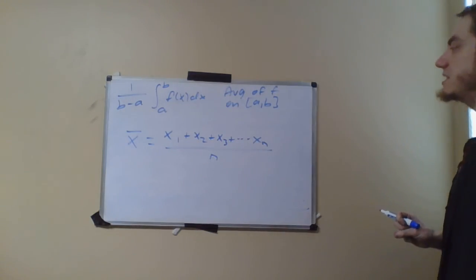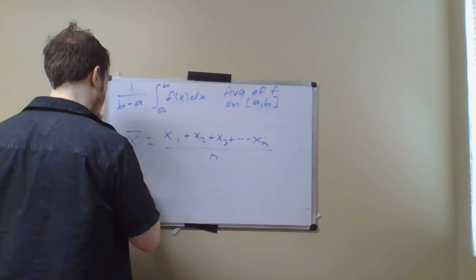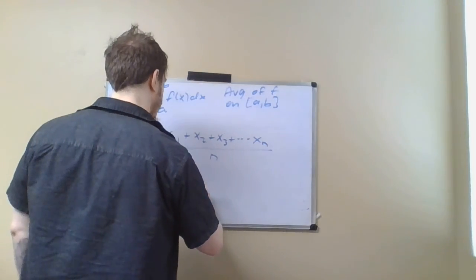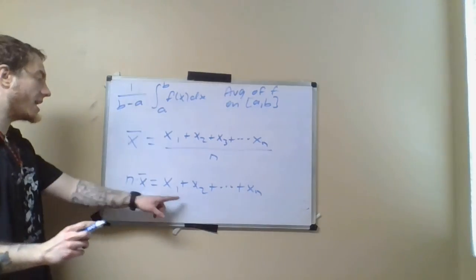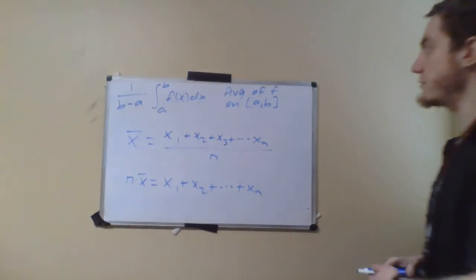But one of the properties that this has, therefore, is that the number of things in the list times the average is the sum of all the stuff in the list. In other words, you add up all the stuff in the list, it's just the number of things times the average.